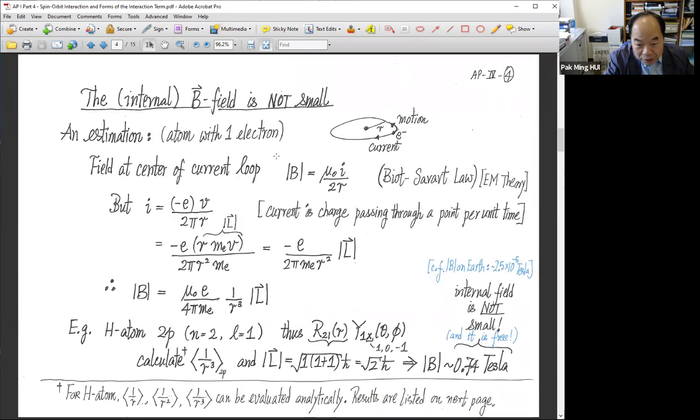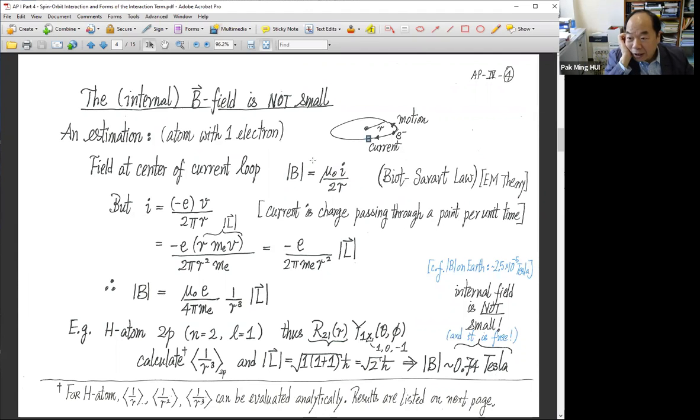Then the Biot-Savart law says there is a B field that goes like mu over 2r, where r is the orbit radius, times the current. How big is the current? A charge moving around, current means you sit at a point, and per second, how many charges go through that point. That is a current.